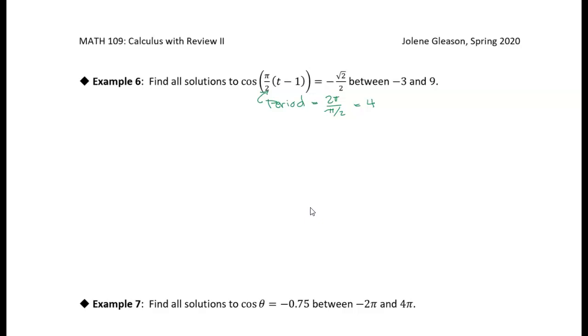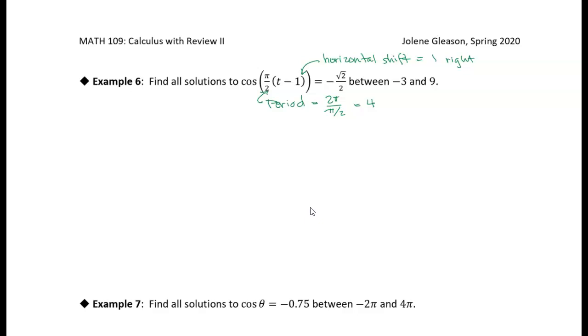Okay, we can also see that we have a horizontal shift going on here, right? It's going to be shifted horizontally to the right by 1 unit. So horizontal shift equals 1 to the right. Okay.